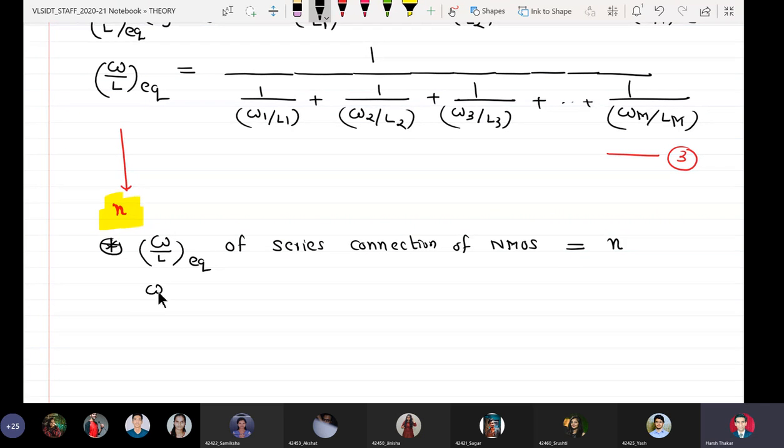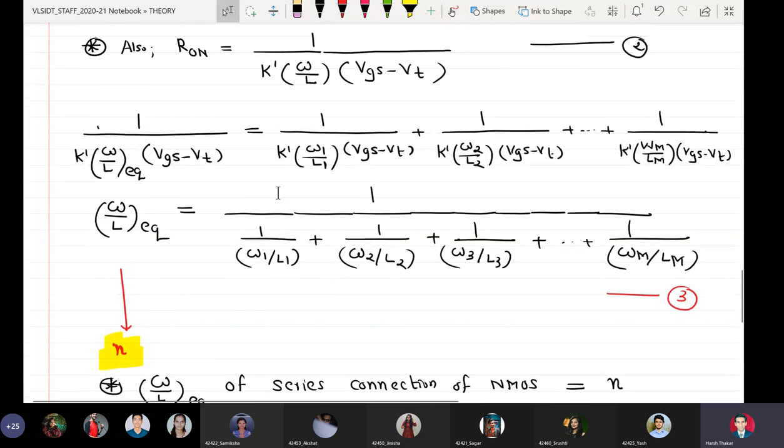Similarly, I can tell that instead of NMOS connected in series, if I would have connected M number of PMOS devices in series in the pull-up network, then it would be equal to p. W by L equivalent of the series connection of PMOS devices should be equal to p.